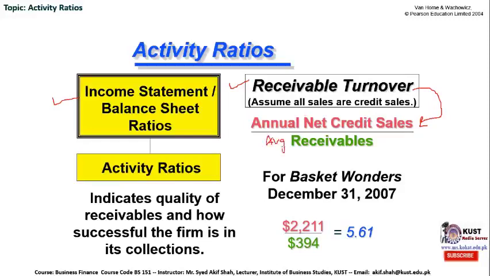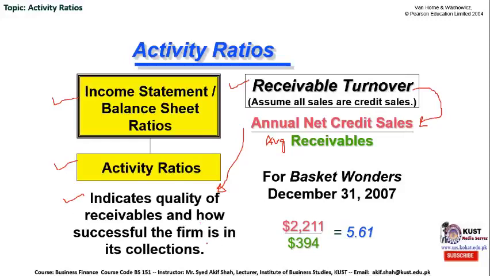And what does this ratio tell us? This ratio is an activity ratio. It tells us about the activity of the company, and it indicates the quality of receivables and how successful the firm is in its collection.